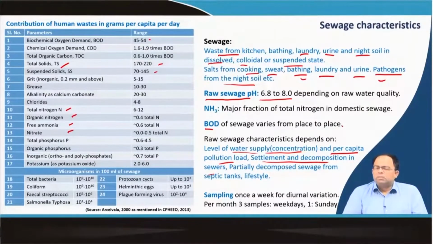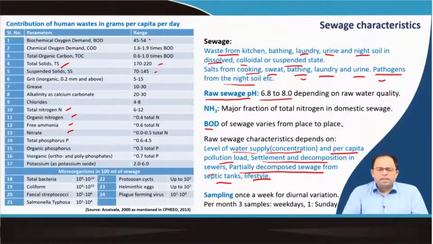If a lot of settlement and decomposition is already happening there, it affects the BOD content as well as the total solid content. Then it depends on whether partially decomposed sewage from septic tanks is being added or not. Then the lifestyle of the people who live in that area, that means the economic profile, plays a role in determining the characteristics of the sewage for that particular area.